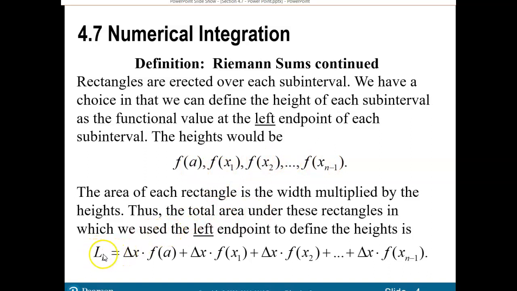We'll call it L for left endpoint, subscript n, meaning how many pieces there are. The width times the height of the first rectangle, that's the area of rectangle 1. The width times the height of the second rectangle, that's the area of rectangle 2. Width times the height of the third, all the way to the end. This is the width times the height of the last rectangle. So the base is the width times the height to find area, and then we sum them all together.